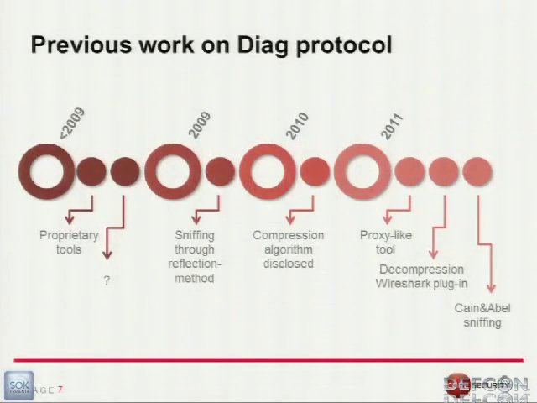And there was a lot of work in recent years around the protocol. Back in 2009, there were some proprietary tools trying to dissect the traffic of the protocol and getting clear text credentials, but the tools were not public. Also in 2009, Securon published a paper in which they introduced a method for sniffing the clear text credentials, which they called a reflection method.